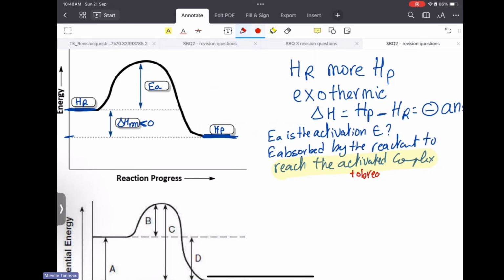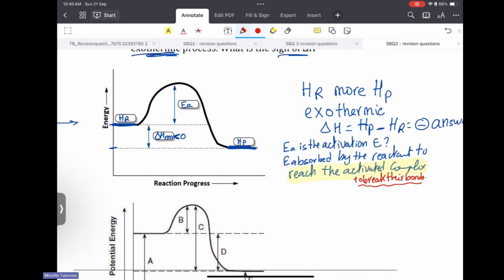So this is the amount of energy absorbed by the forward reaction, the activation energy absorbed by the reactants to break their bonds.